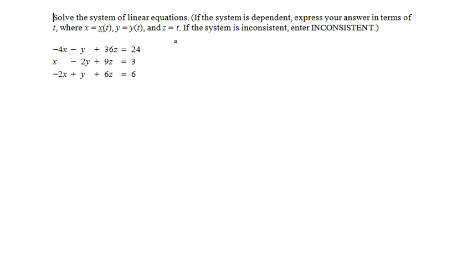And the augmented matrix: -4, -1, 36, 24; 1, -2, 9, 3; -2, 1, 6, 6. So row 2 looks as if it's our natural operator.